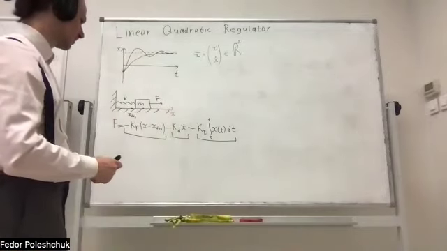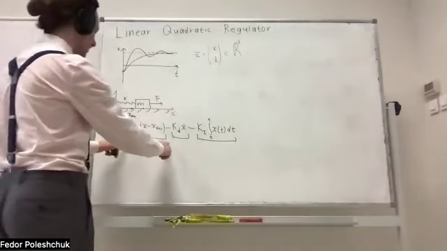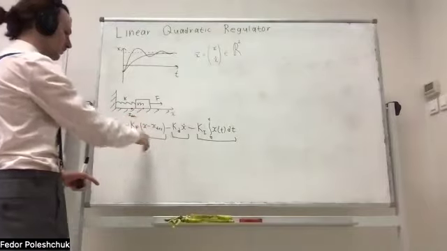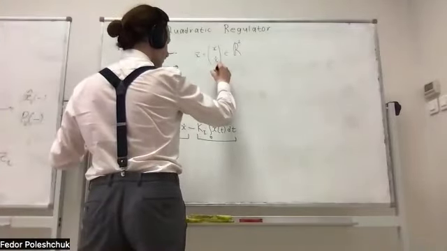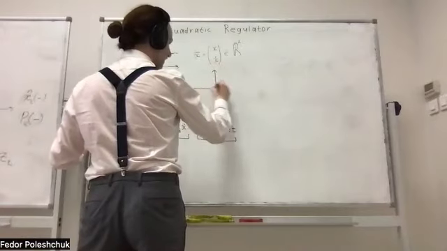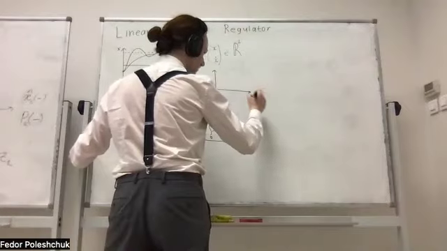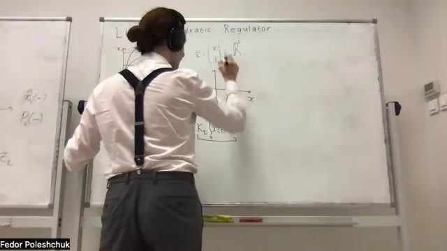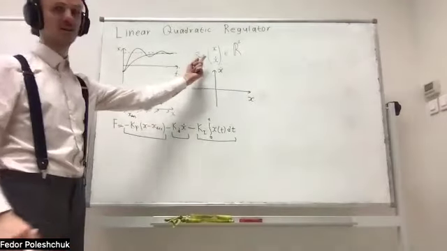And now let us think of the behavior of the system if we have only the proportional term here. Let us try to draw the phase trajectory of the system. So on this axis, we will have x, and here we'll have x dot. It's basically the plane where the state lives.